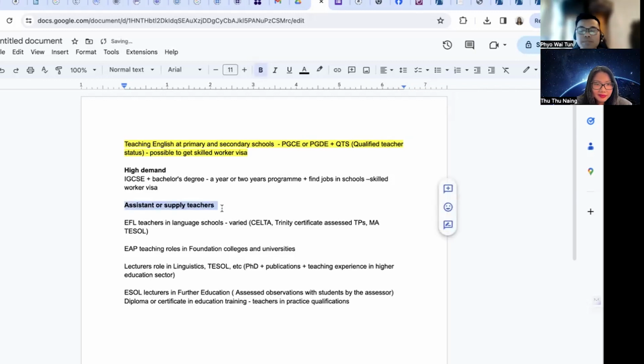So it's a long-term process. You can start by working as an assistant or supply teacher, and in the long term, if they like you, you might be able to work as a main subject teacher there. But to be able to do that, we need a visa.